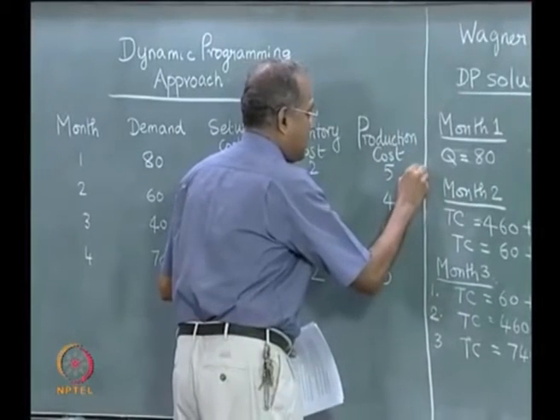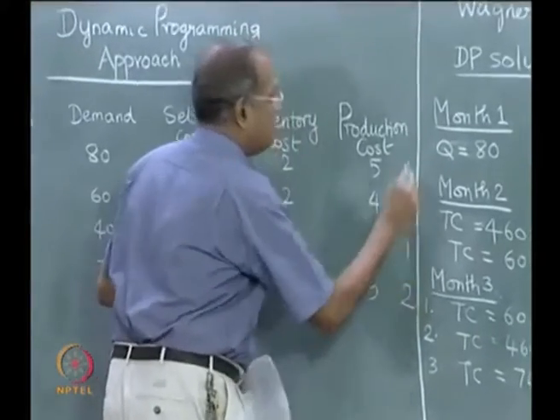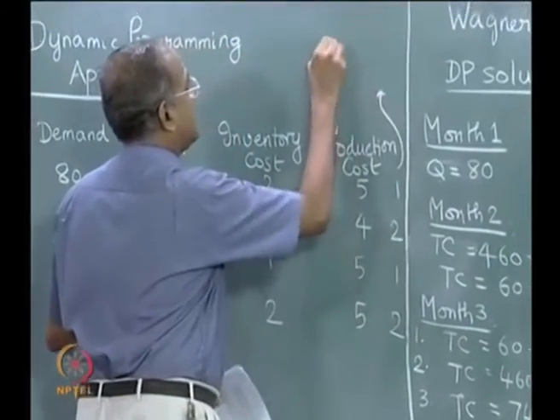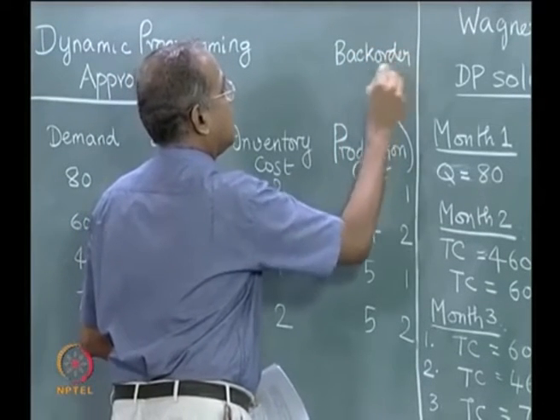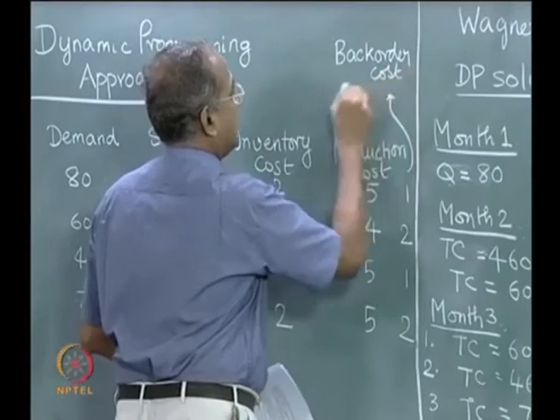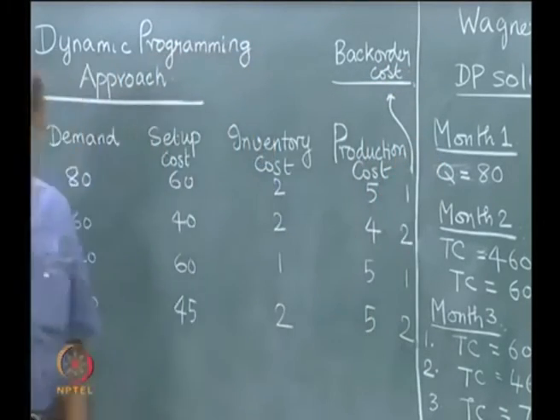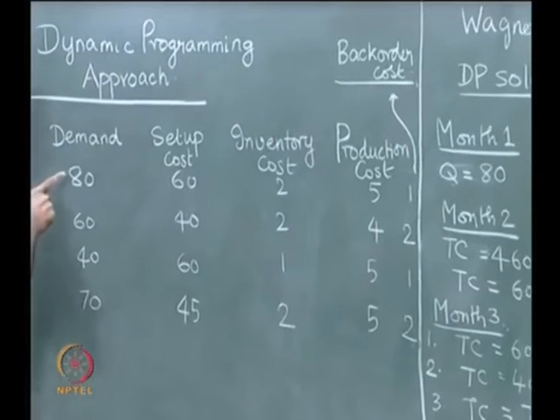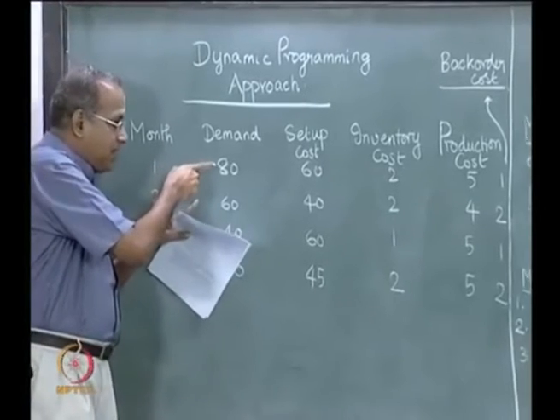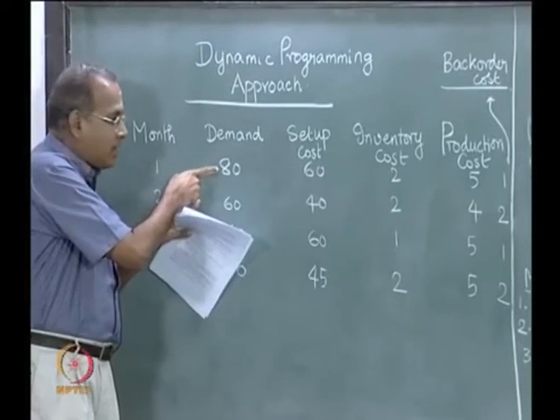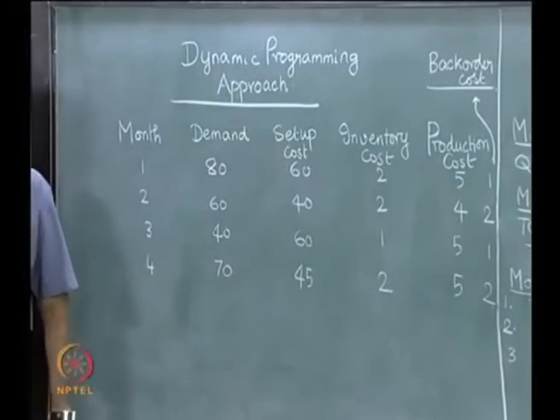So, I am going to write the back order cost as 1, 2, 1 and 2, and the back order cost is shown here. For example, if I choose to produce 140 here, which means this period is back ordered, so the back order cost will be 60 into this 1, which is 60.